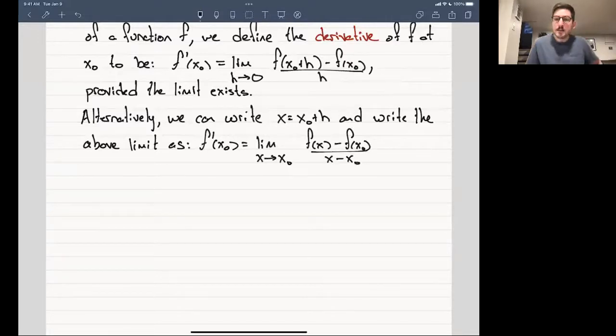And it's probably this limit that we use to really understand what the derivative is in an introductory calculus class, because this is really rise over run, which we remember maybe from our introductory functions classes.